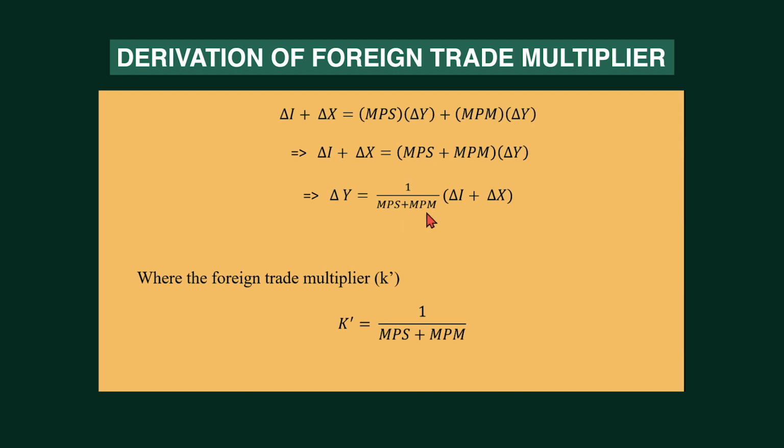This 1 by MPS plus MPM will now be representing the foreign trade multiplier. For 1 unit change in investment or in export, how much Y changes is this particular factor 1 by MPS plus MPM, as we have discussed this logically earlier.